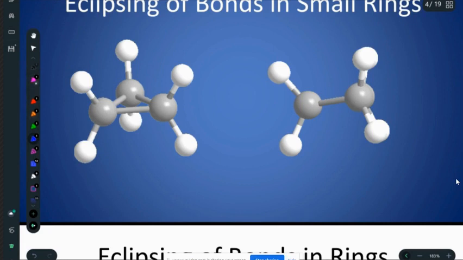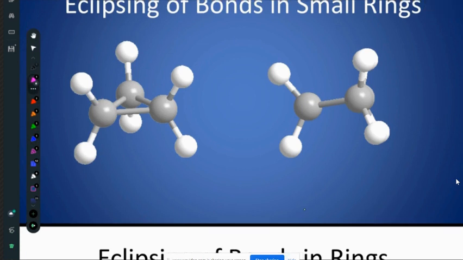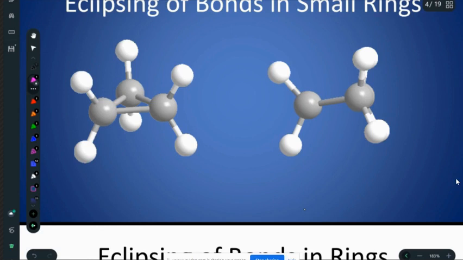If I were to draw a Newman projection of what this looks like, I would have my front carbon with hydrogen, bond to hydrogen, bond to hydrogen, bond to carbon, and my back carbon would be perfectly eclipsed with the front one.